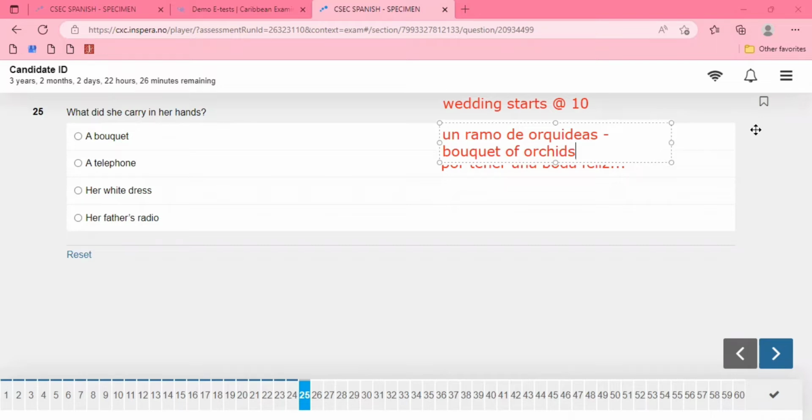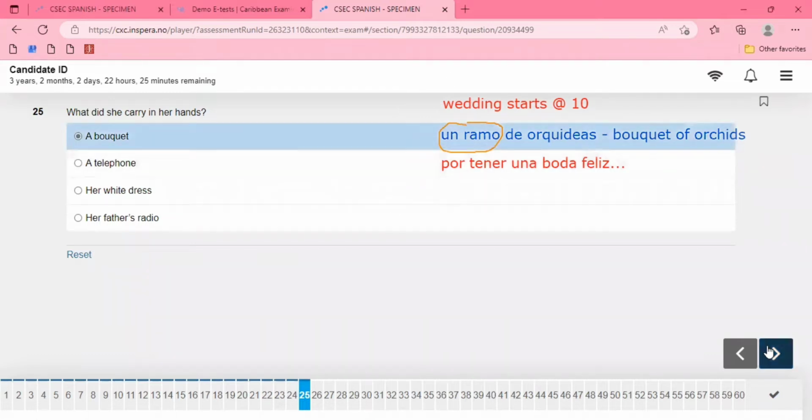So I would say that ramo is a really great vocab item to note, especially as it relates to weddings and other events. Orquídeas really sounds like orchids, the English counterpart, but I think it would be a better bet to just make a note of un ramo or el ramo and listen out for it in the context of wedding. So if this comes up again, you know that ramo is bouquet.